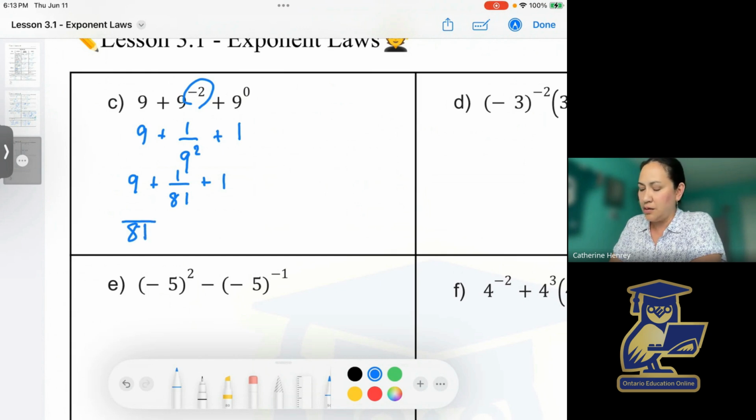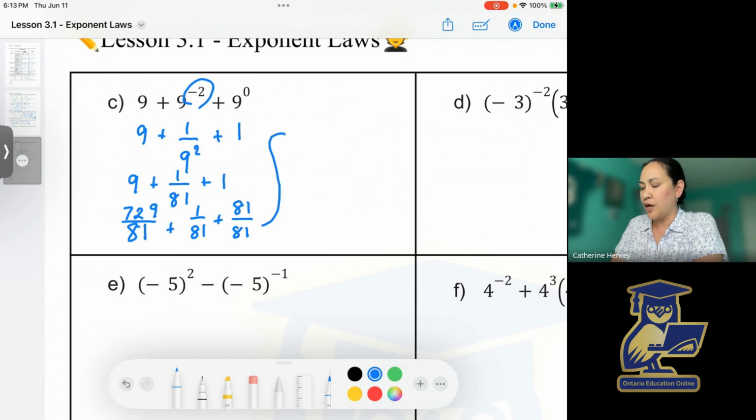So 9 becomes 729 over 81 plus 1 over 81 plus, we change that 1 into 81 over 81.